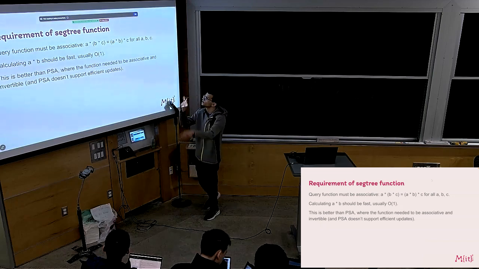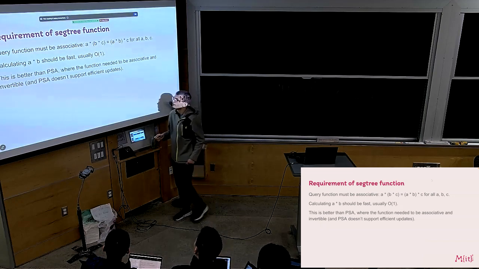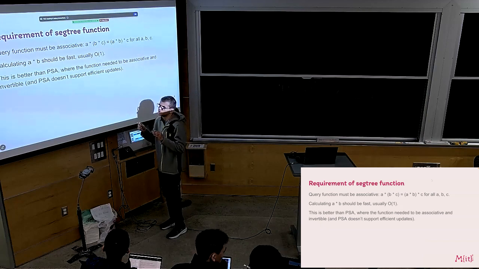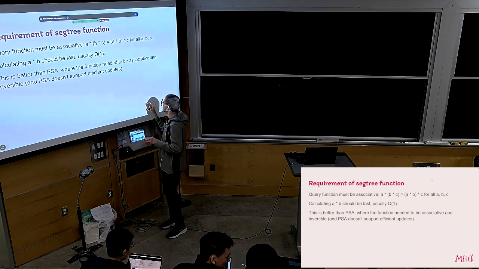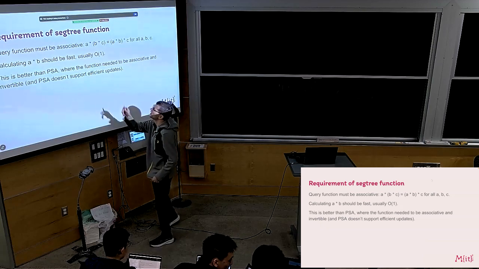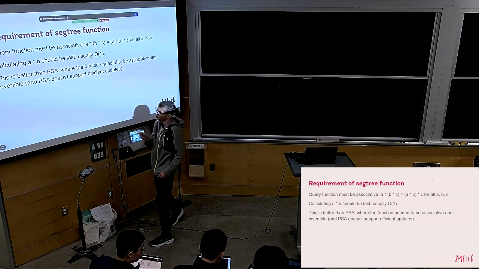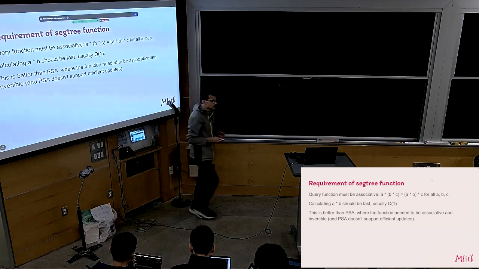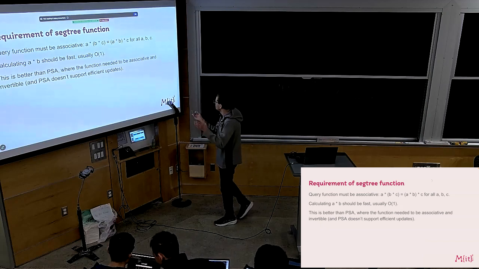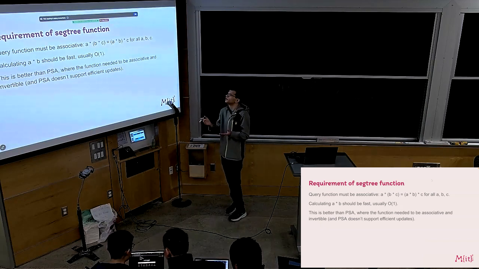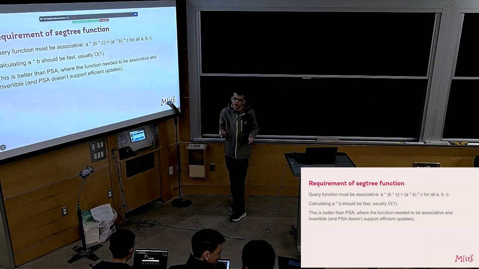The other requirement is that if star is the operator you are evaluating over the subarray, then calculating A star B should be fast, usually constant time. Because you can imagine if the values you're dealing with become huge, then even if the function is associative, a segment tree might not be too good.